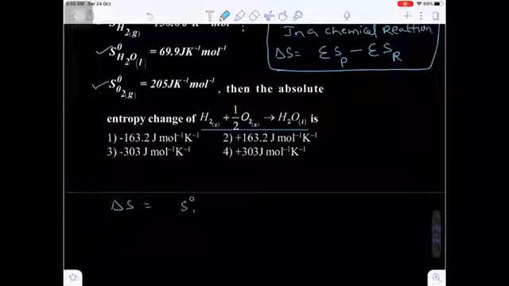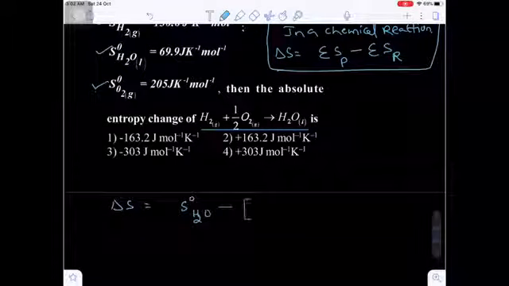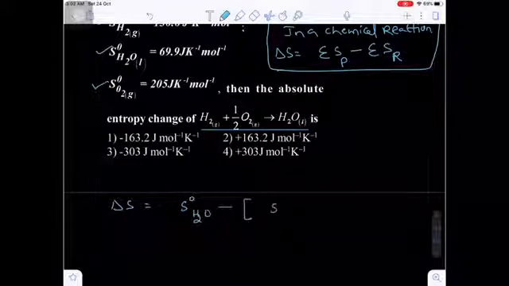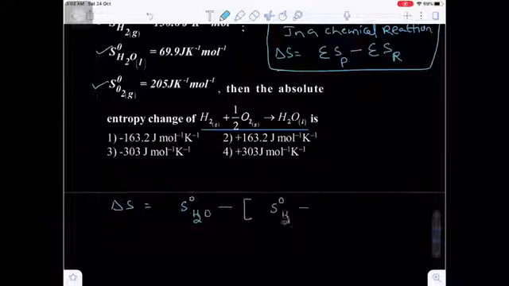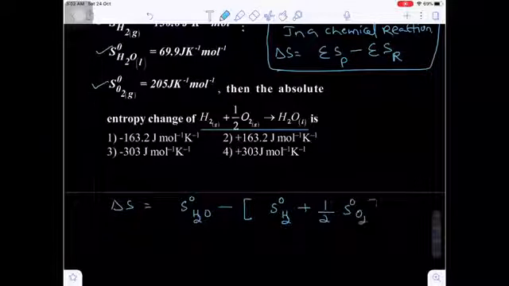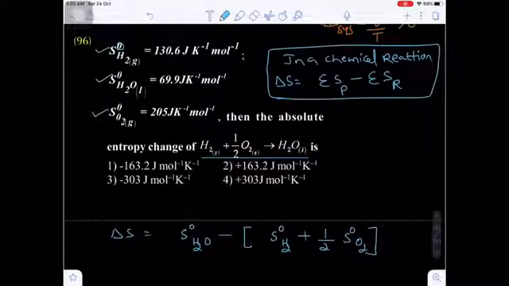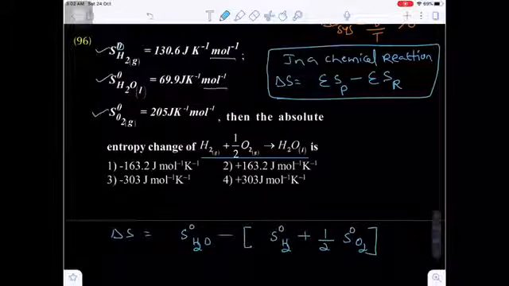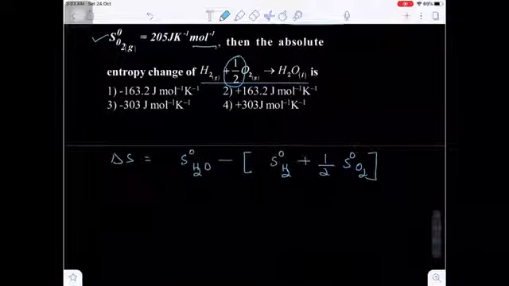Water. So I am writing standard entropy of water, that will be the product, minus, what are the reactants? H2. So standard entropy of H2 plus how many moles of O2? Half mole of standard entropy of O2. Because in the question it is given per mole of each species. So if the stoichiometry is half, we have to consider half only.